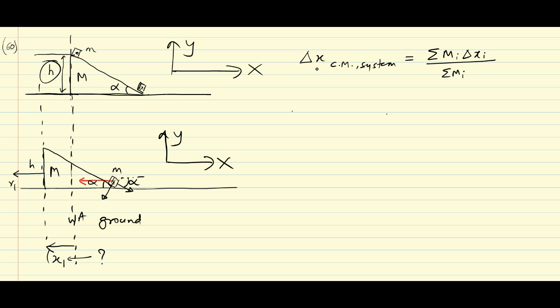In other words, the displacement of the Cm in the x direction is the mass weighted average displacement of each individual Cm. Now the Cm is originally at rest, and we also know that the external force acting on the system in the x direction is equal to 0. This we have already described in the first part of the solution. So there is no frictional force, for example, acting on capital M from the bottom.